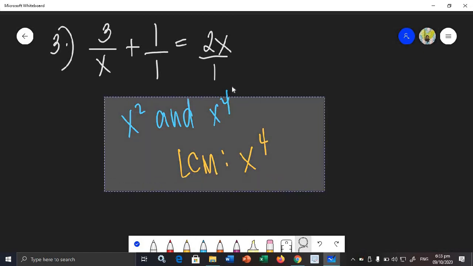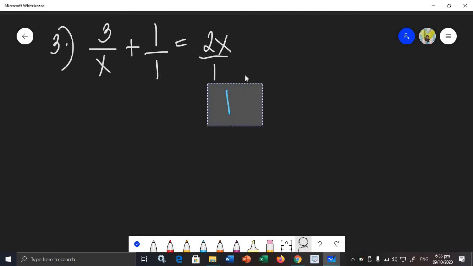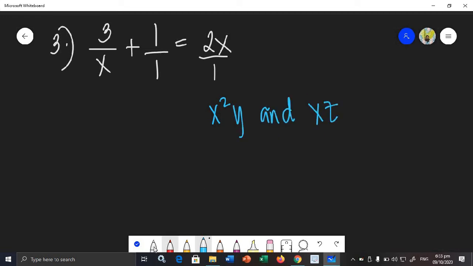Pero paano po ma'am kapag magkaiba ng variable yung given? Paano namin kukunin yung LCM nun? So, ganito yung mangyayari kapag let's say ang given na variable ay x squared, y, and xz. So, we can get the LCM of x's, di ba? Same kasi sila.